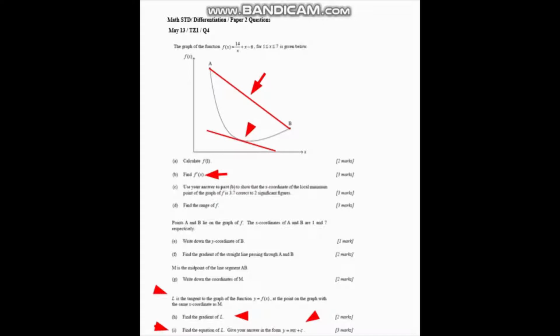I just need the point, and this is obtained by plugging the x into the original equation of the curve in order to get the y value. So let's say this again really quickly. I want the gradient of the tangent, so I shall simply substitute the x coordinate into f dash. This is how you get the gradient. To get the equation, I need the gradient and the point. So to get the point, I shall plug the same x coordinate into the original function to get the y.